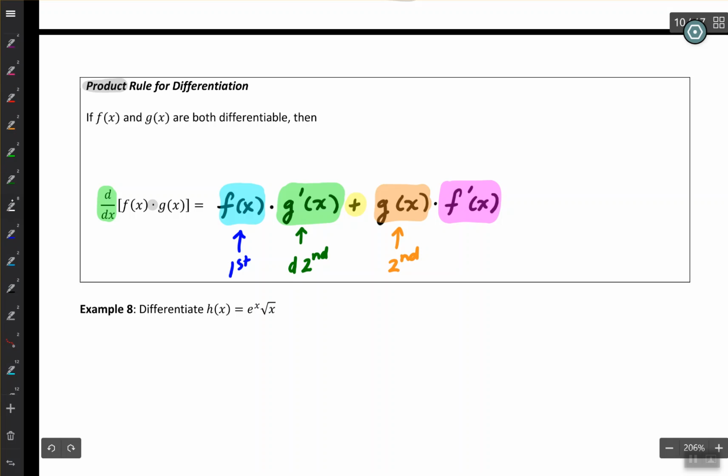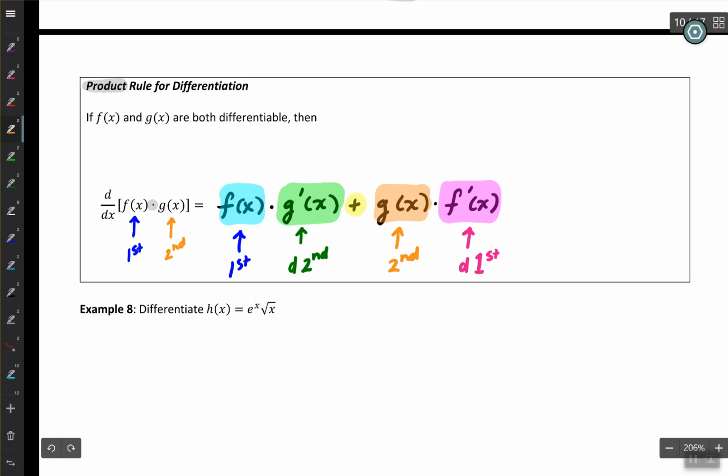Right, where here f is your first function, and g is your second function.